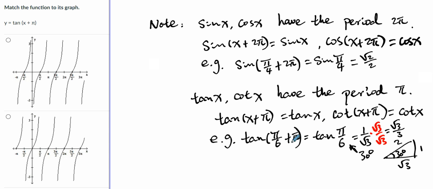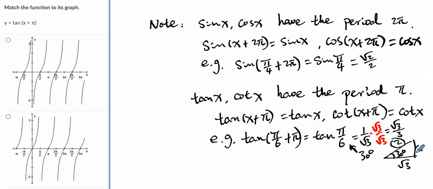So tan(pi/6 + pi) is tan(pi/6). In this right triangle, there's 1 over radical 3, opposite side over adjacent. The 2 is the hypotenuse.